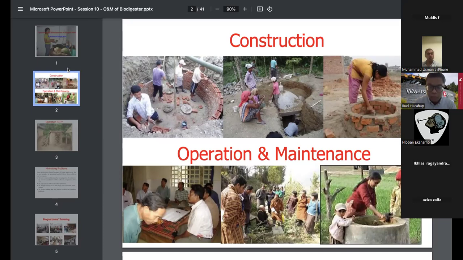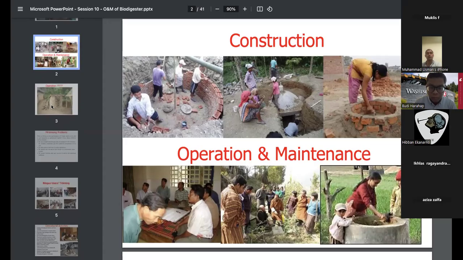But most of the plants being constructed in Indonesia and Pakistan are built by normal masons, who have no speciality in construction of biogas plants. That's why most of the plants fail after 1 or 2 years.